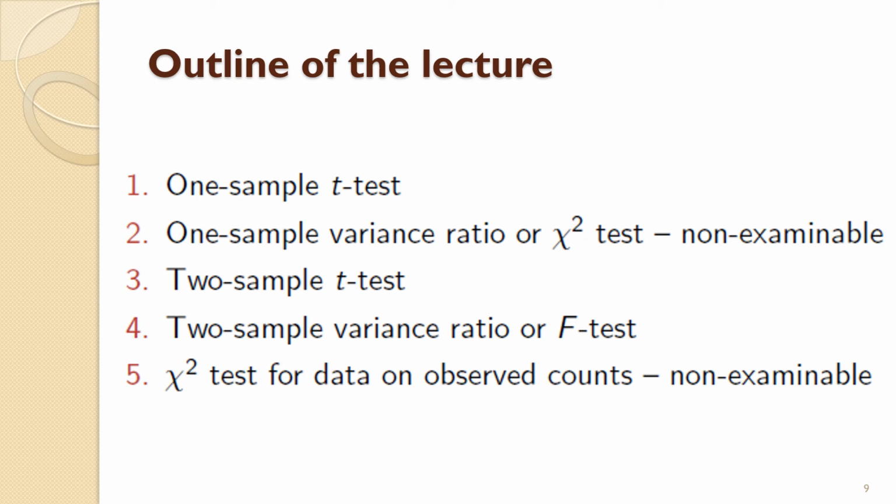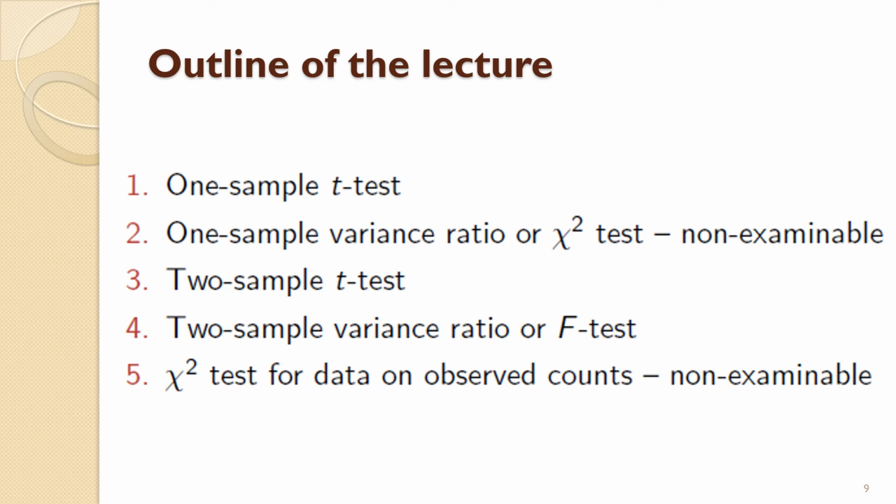The one sample t-test and the two sample t-test are answering questions on location, and the chi-squared test and F-test are measuring dispersion. Retain those two fundamental questions that we want to ask for any data set.